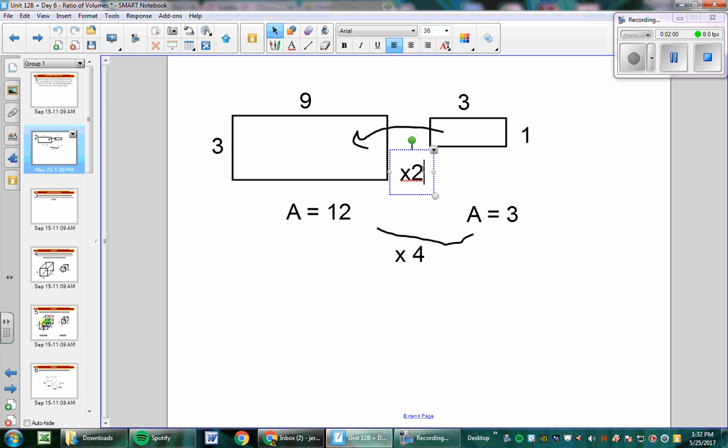Now this area becomes 27, and the other area is still 3. So it's not 4 times as big, it's 9 times as big, because 9 times 3 is 27. What I multiply the sides by, I square, 3 times 3, to get what I multiply the areas by. So we're just going to extend this for the day to volume.